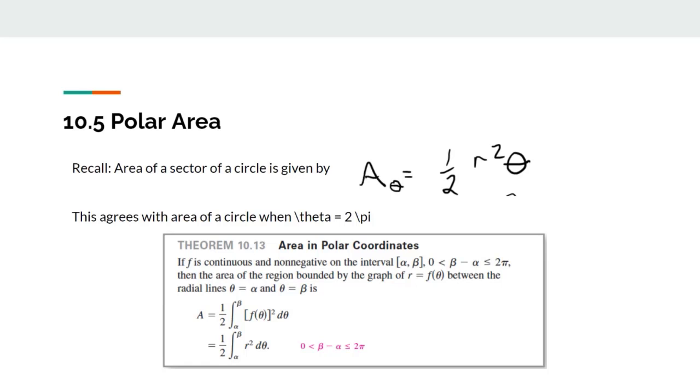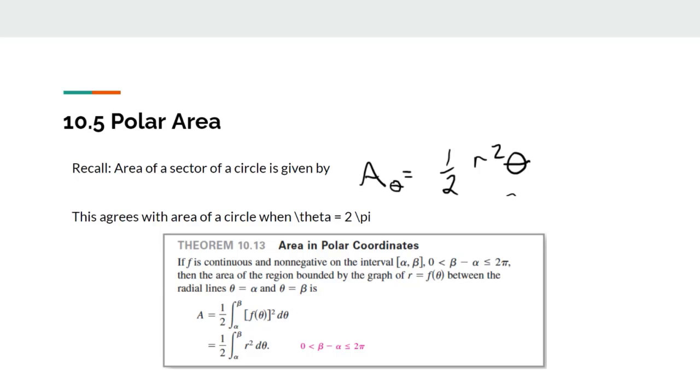As opposed to single variable calculus, where thus far we have been using rectangles as our approximating shape in integration, now we're using the area of a sector of a circle to approximate this area.